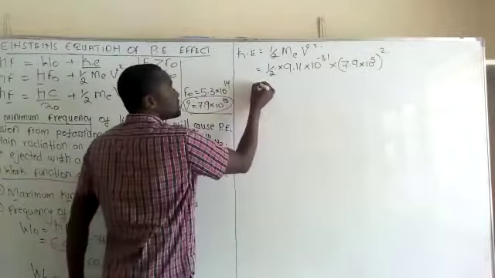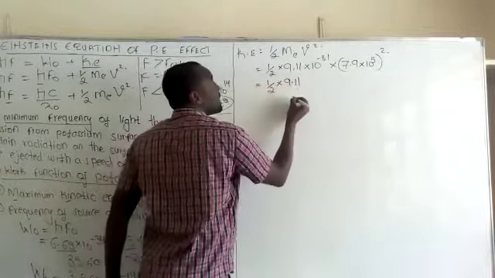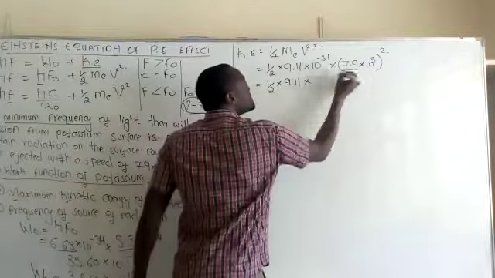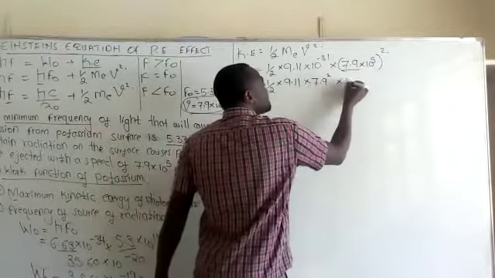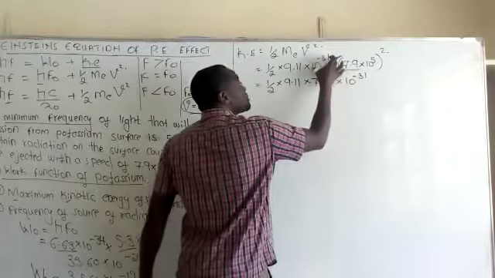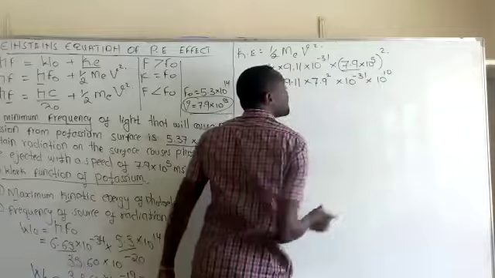If I separate this, it will be a half times 9.11 times 7.9 squared times 10 to the power negative 31 times 10 to the power 10.